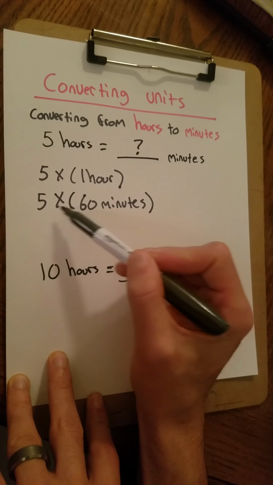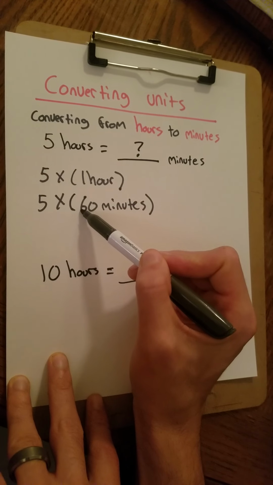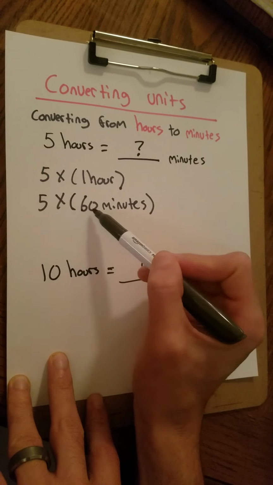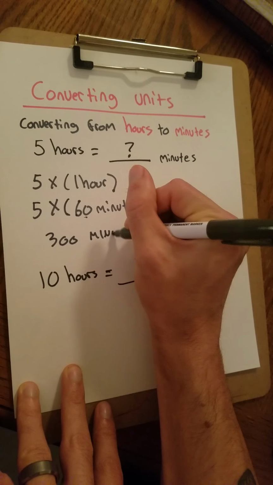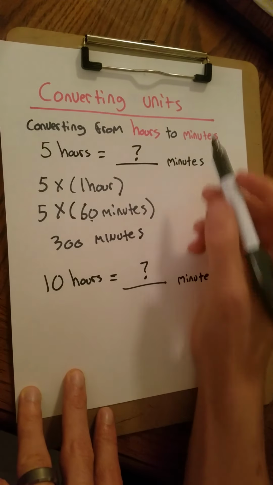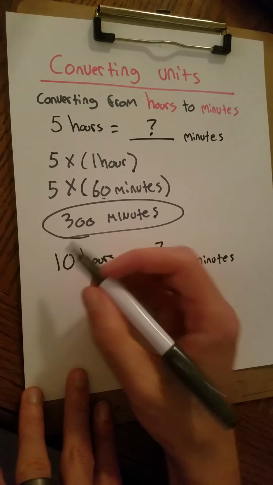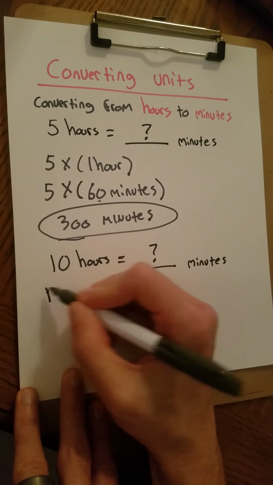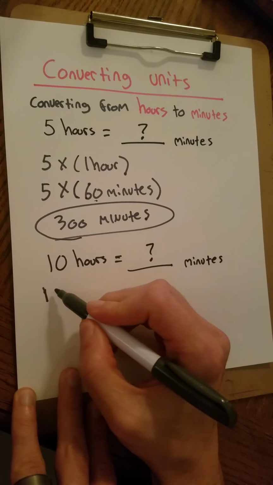5 times 60, 5 times 6 is 30, add the 0, 300. So 5 hours equals 300 minutes. Let's try it again with 10 hours. Again, I'm going to rewrite it as 10 times 1 hour.